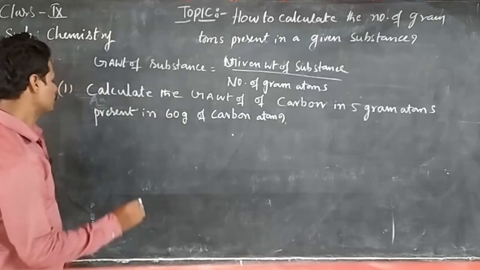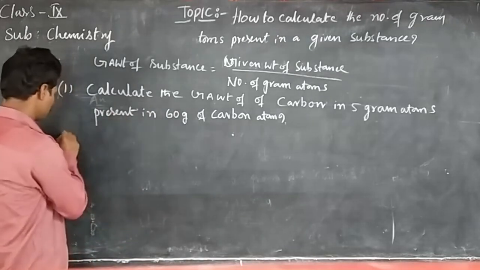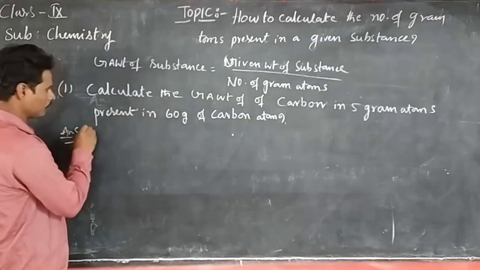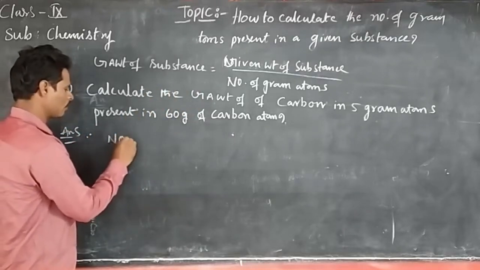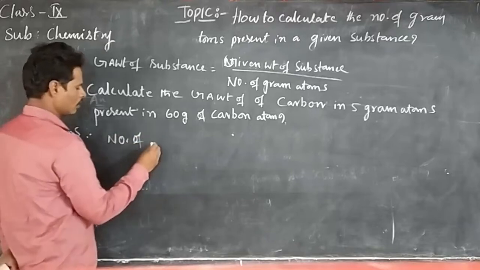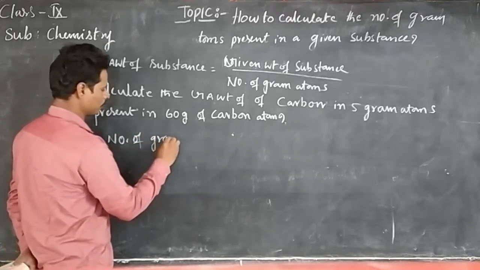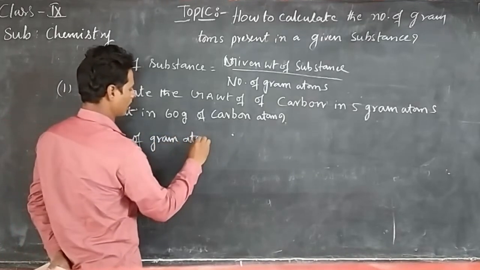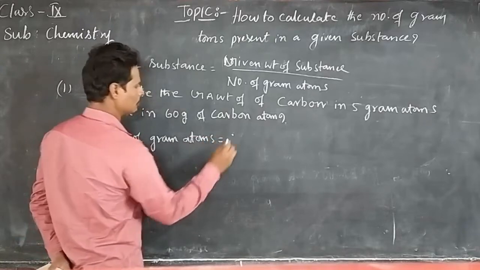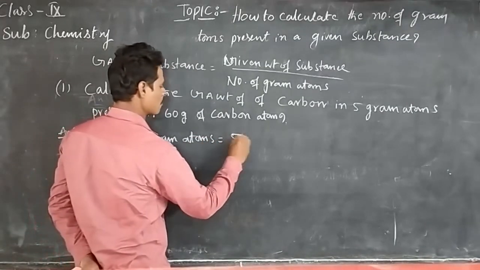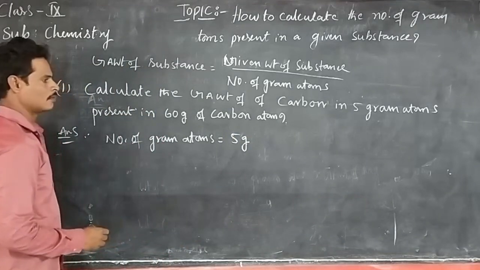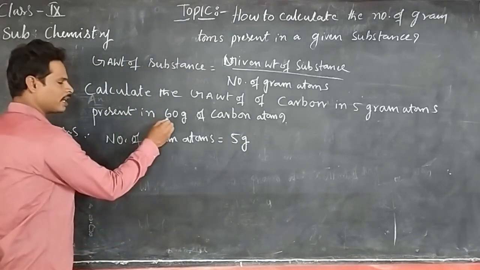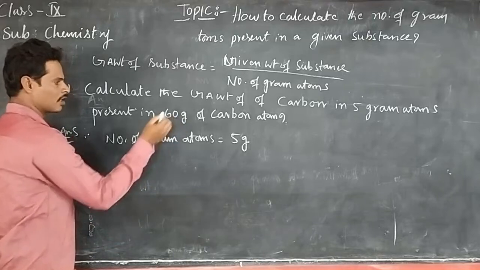Now here, number of gram atoms is given: number of gram atoms equals 5. Next, given weight of substance, how much is there? 60 grams.